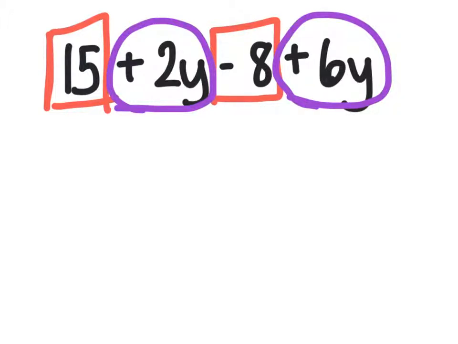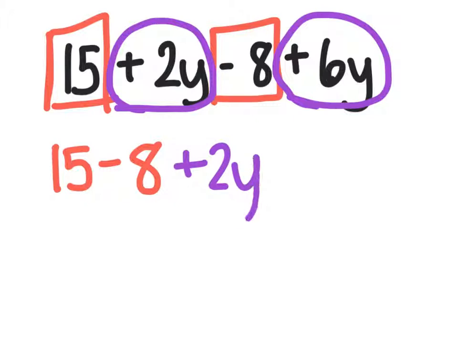So I've got 15 minus 8, and if you wanted, you could rewrite it, minus 8 plus 2y plus 6y. You could rewrite it like that before you go ahead and do any simplifying. This might be a good idea if you have a hard time doing mental math in your head and getting it correct.